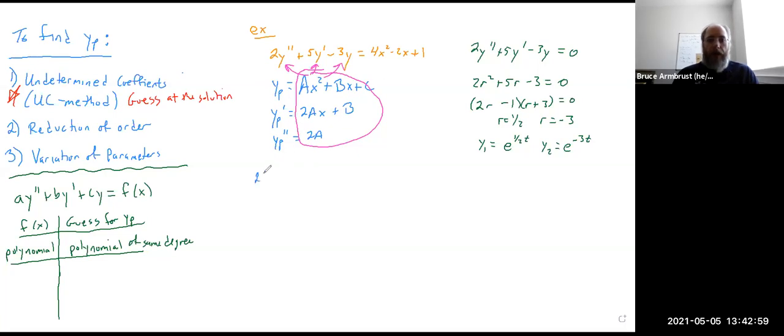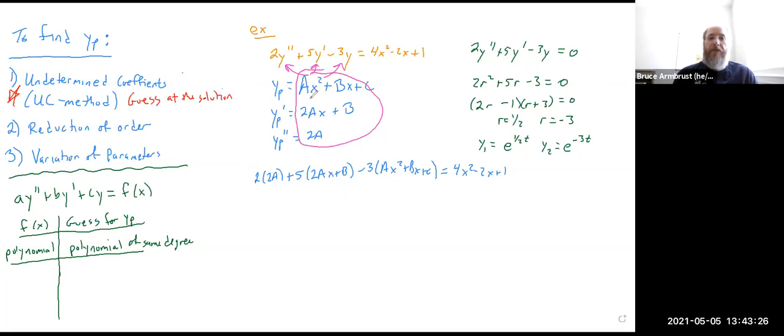So we're going to get 2 times 2a plus 5 times 2ax plus b. Oh, not plus, minus 3 times ax squared plus bx plus c. And that's going to need to equal 4x squared minus 2x plus 1.